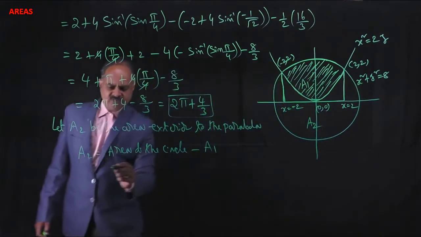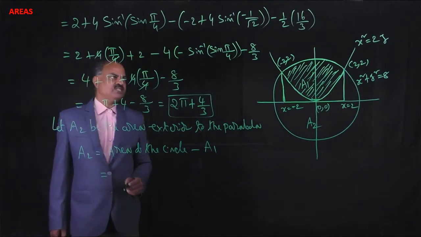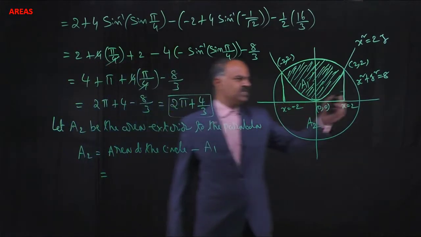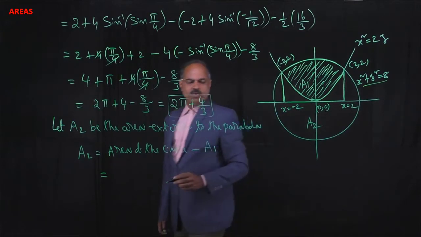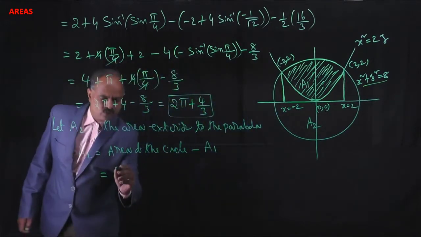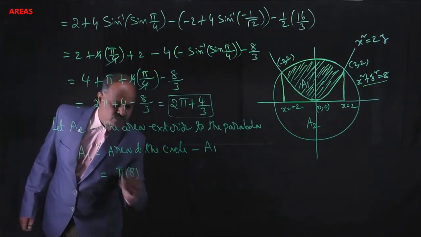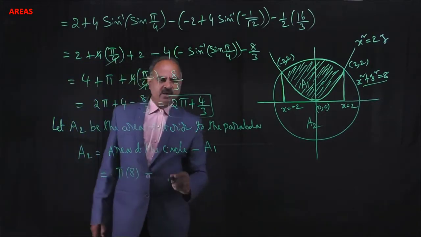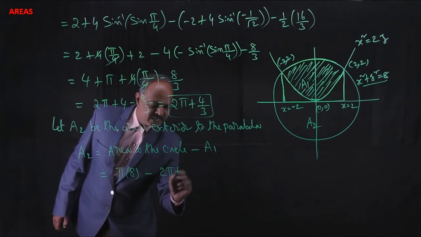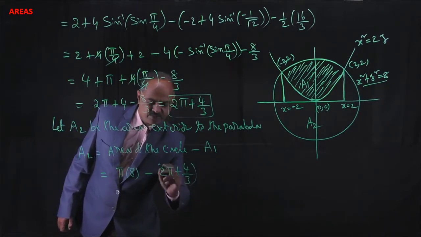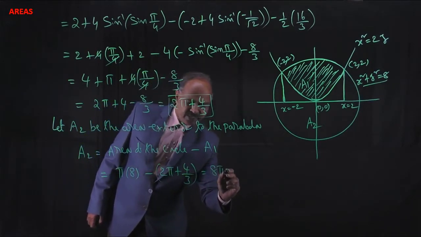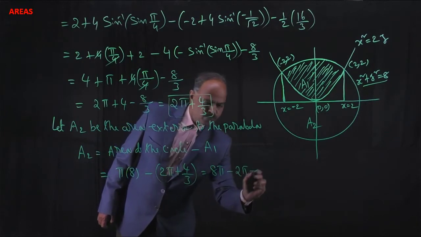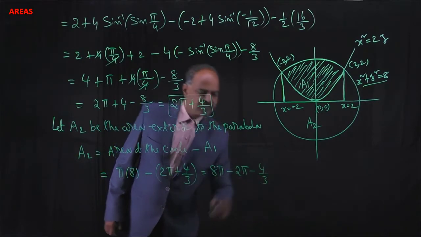Now area of the circle x square plus y square is equals to 8, equal to pi r square, so that is equals to 8 pi minus A1, but A1 equal to 2 pi plus 4 by 3. Now this is equals to 8 pi minus 2 pi minus 4 by 3.